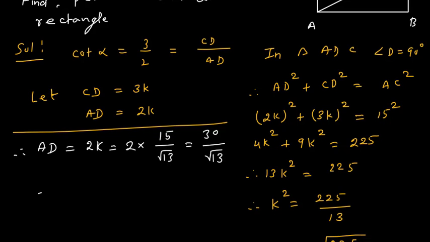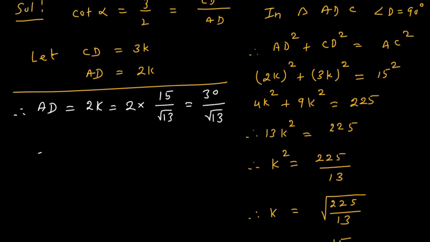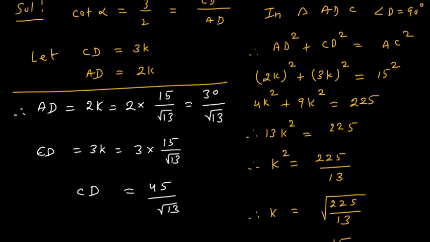And the value of CD is equal to 3K, equal to 3 into 15 upon root 13, so 45 upon root 13 is the value of CD.